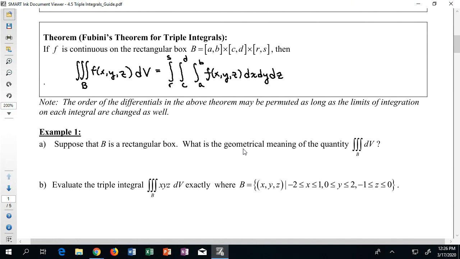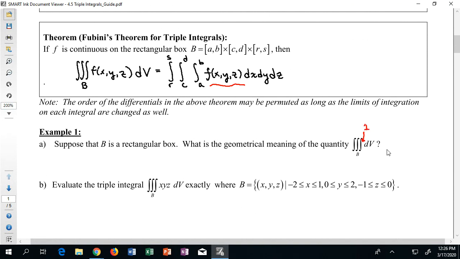play itself out. Suppose that B here is a rectangular box. The first question we would want to ask is, what is the geometrical meaning of this triple integral? Well, the cool thing there is I can start to identify again that the function there that I'm integrating is really just a 1.